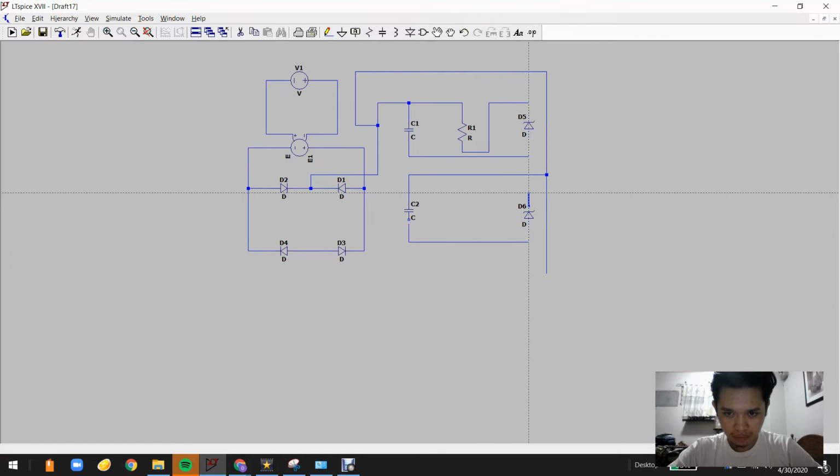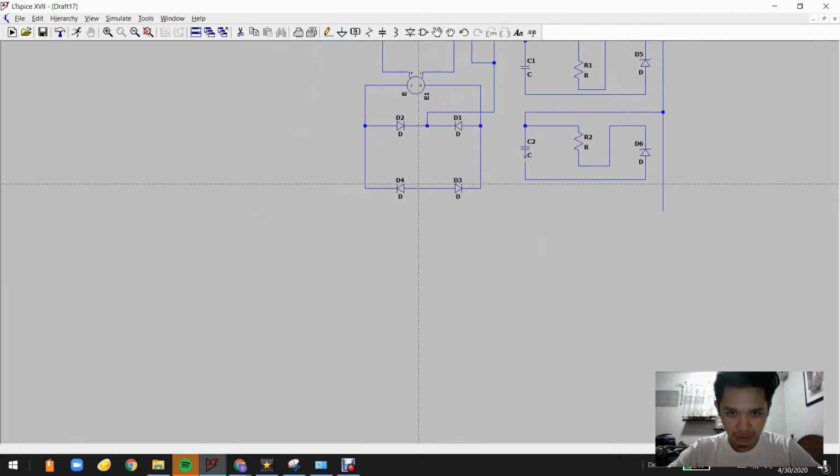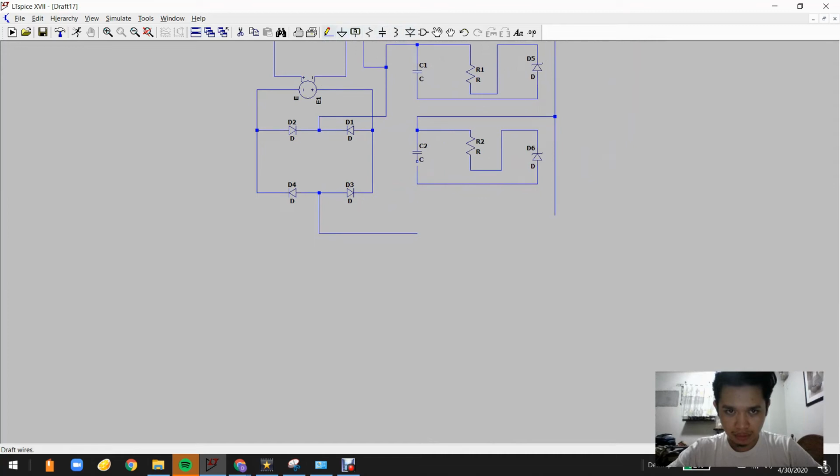Then put it in series with the resistor. Then just go up, completing it now. So next one, it's gonna go from here. There we go. Yep.